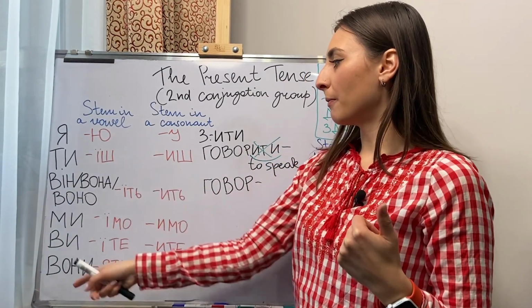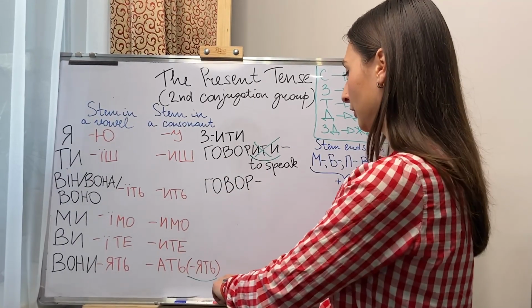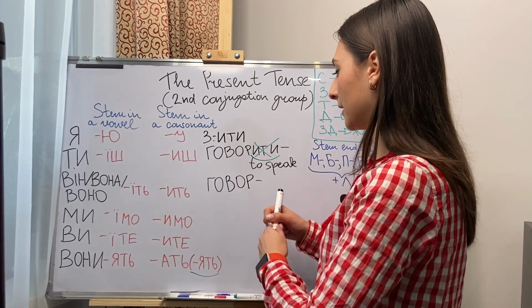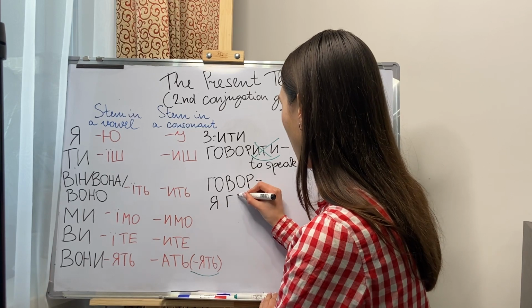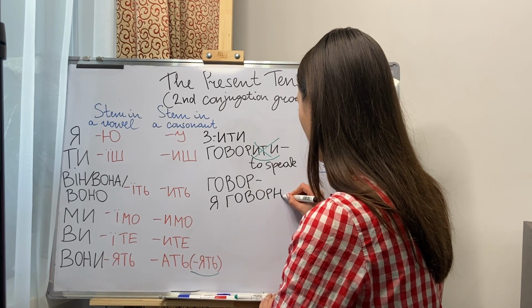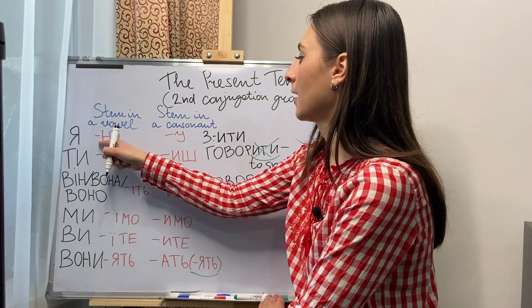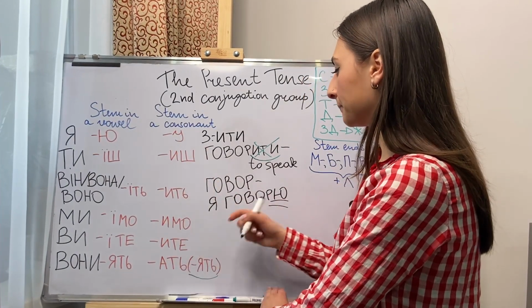And for other persons, you add these endings. You say я говорю. So only for я you take this ending, and for other forms you add all these endings.